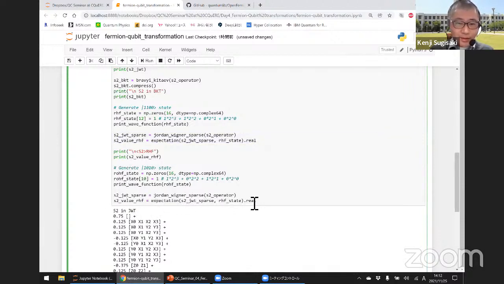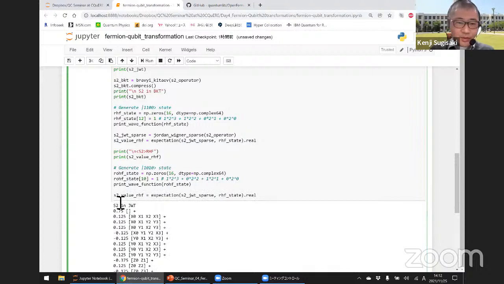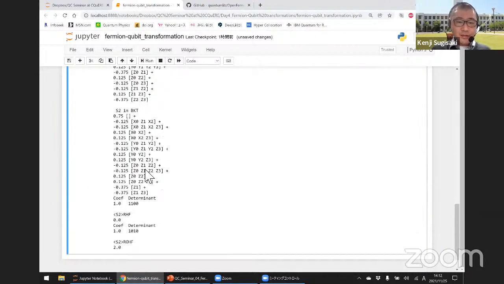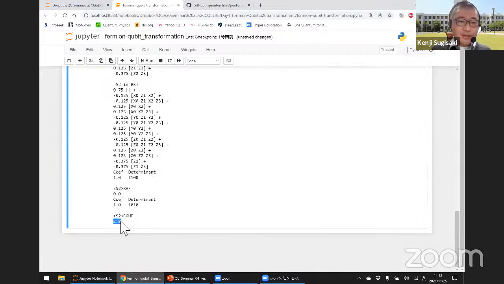Again, if we calculate the S-square value of the ROHF wave function, the result is of course 2.0 because it is a spin triplet state.